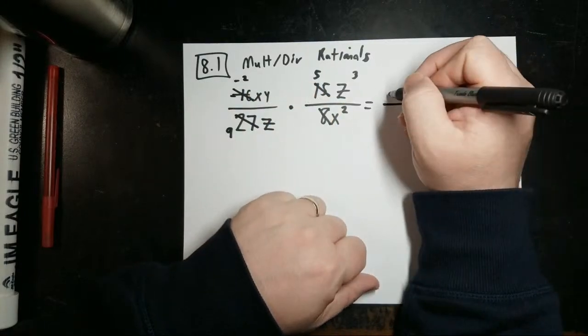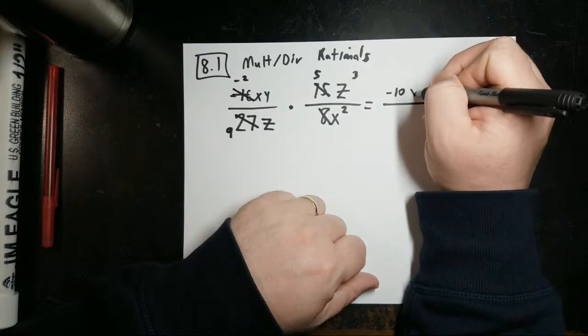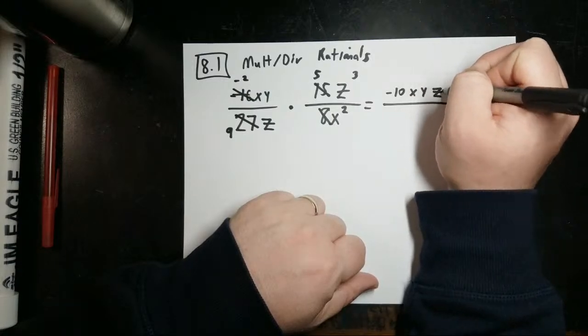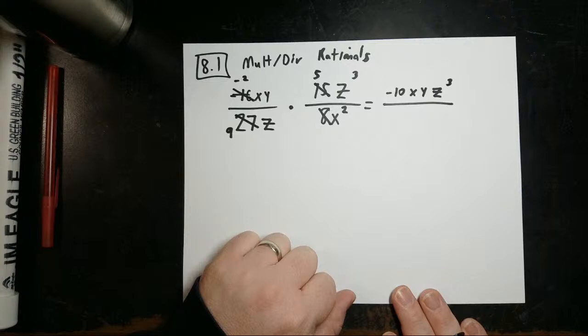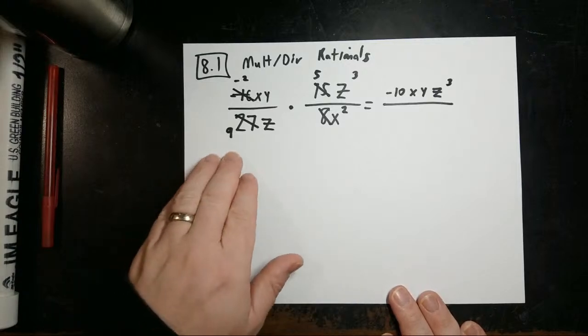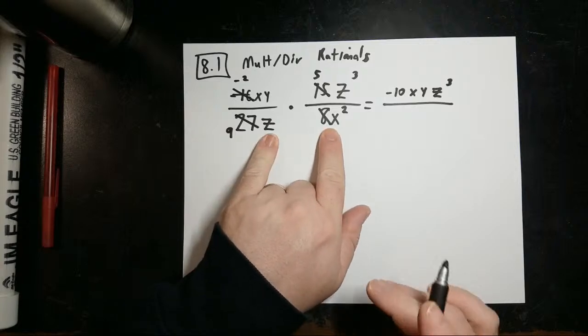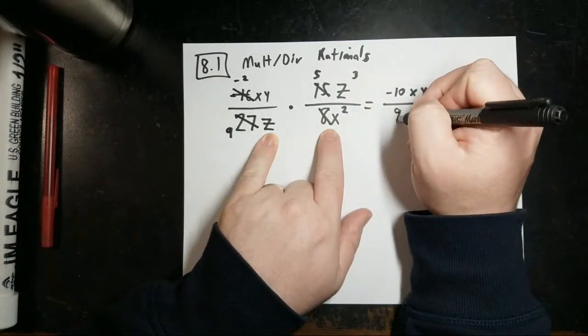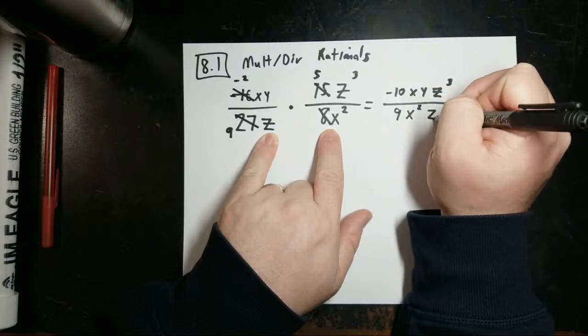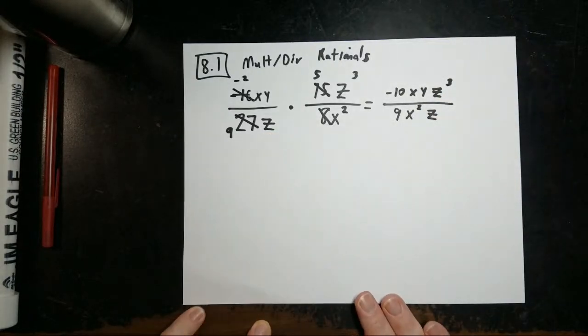Everything's being multiplied, so this is a negative 10xyz cubed. On the bottom, again multiplying across, there's the 9 still. Now, yes, zx squared, but I'm going to write it as x squared z, just for the sake of alphabetical order.